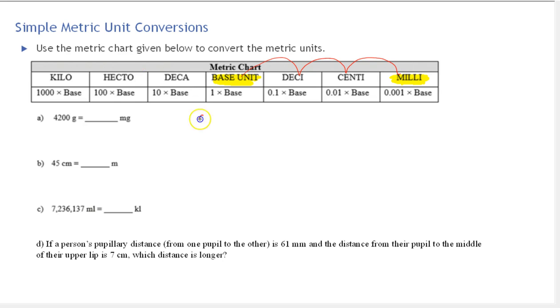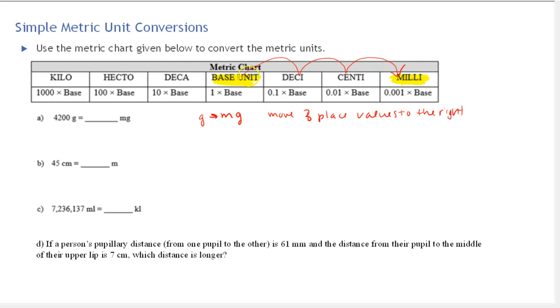So to convert from grams to milligrams, we're going to move 3 place values to the right. When you use this chart, if you start with what you have and go to what you're going for, the direction you move, so we move to the right, will actually tell you what direction to move the decimals in.